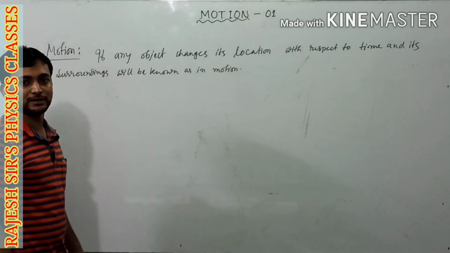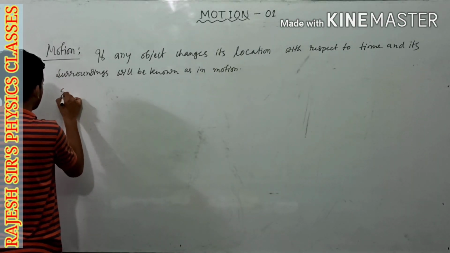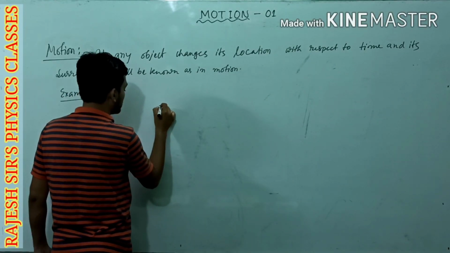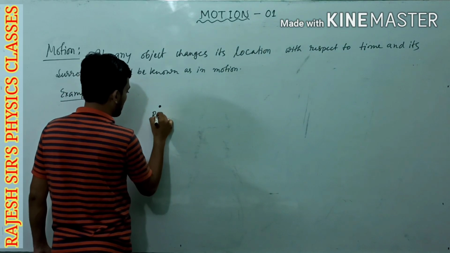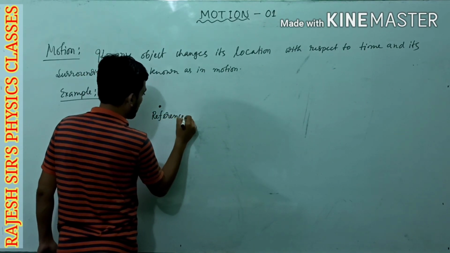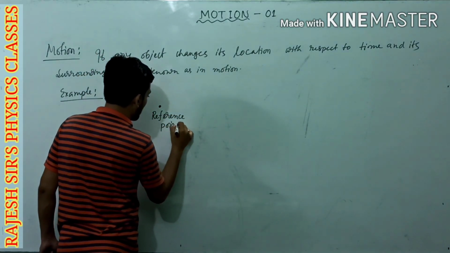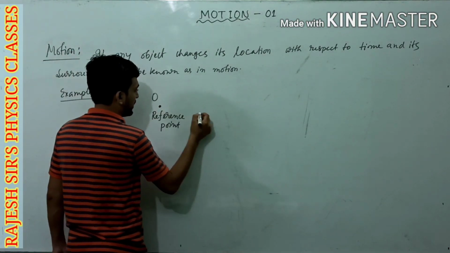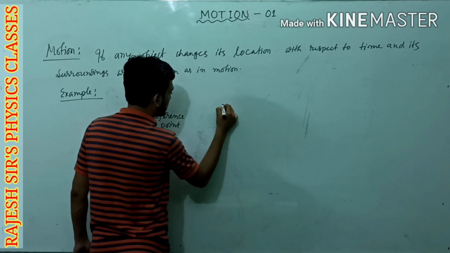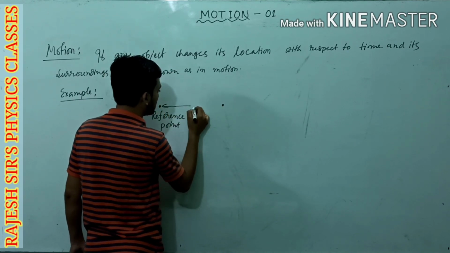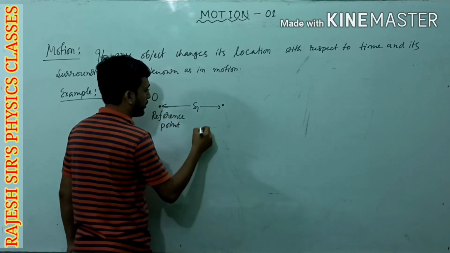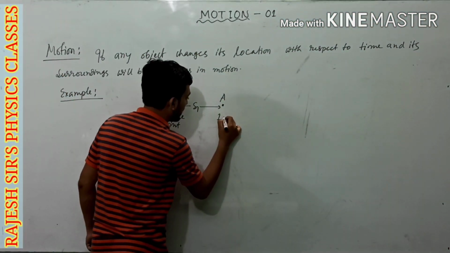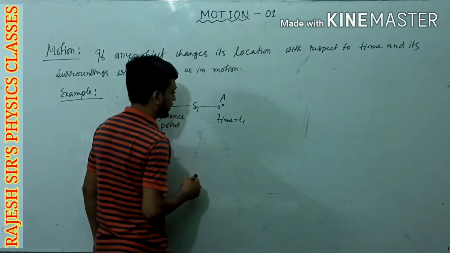Now, what can be the example of motion? Suppose this is the reference point, denoted as O. With respect to the reference point, the initial separation of a body is, say, S1 at time t1.